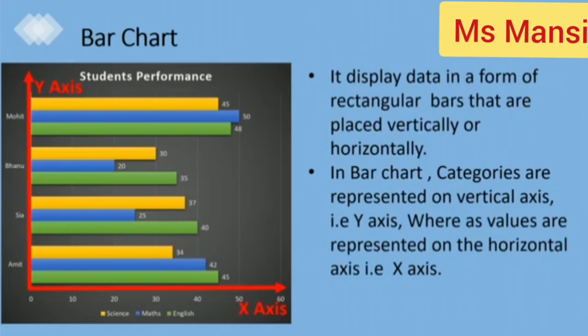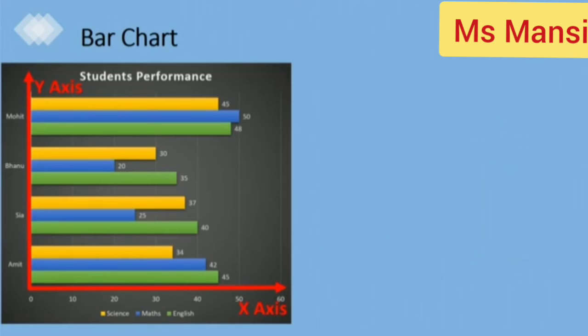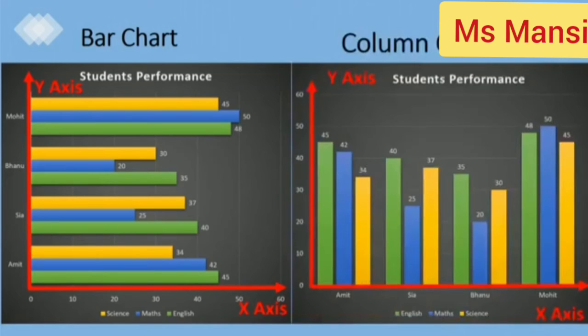But we have covered column chart, in which category is represented in x-axis. Now in bar chart category is represented in y-axis and value in x-axis. Clear? So this is the difference between column and bar chart. Look here, in column chart your category is defined in x-axis and in bar chart your category is defined in y-axis.